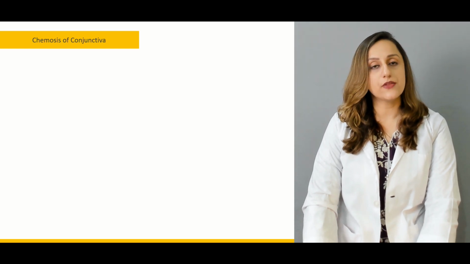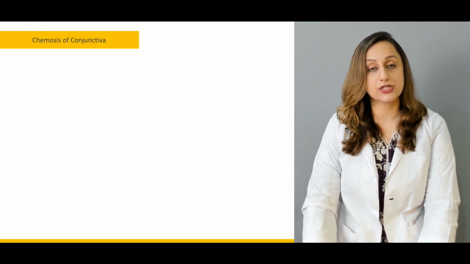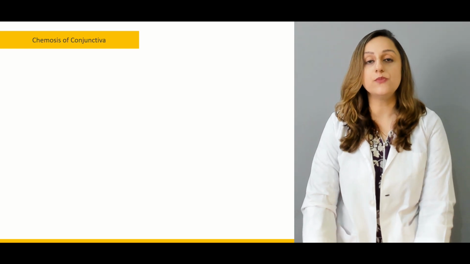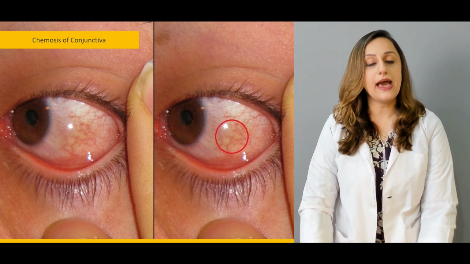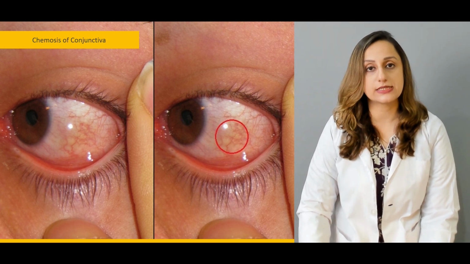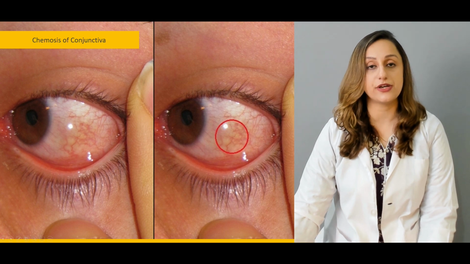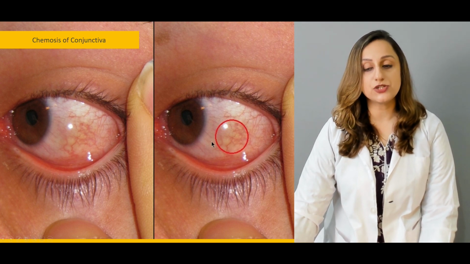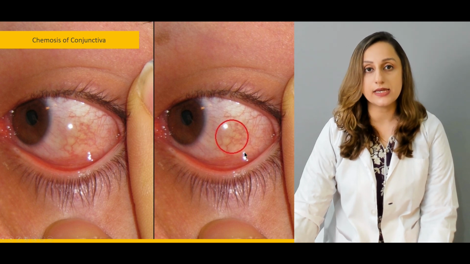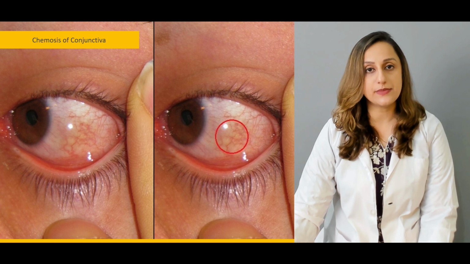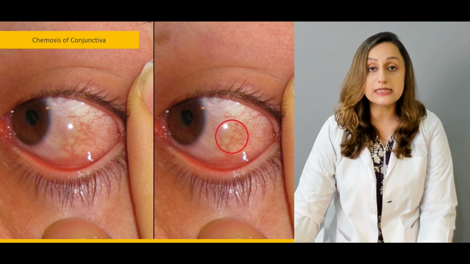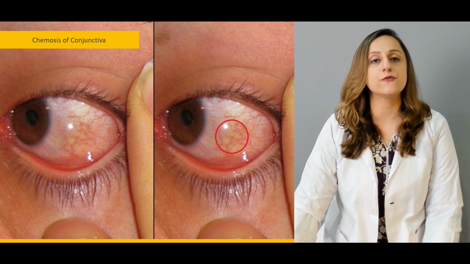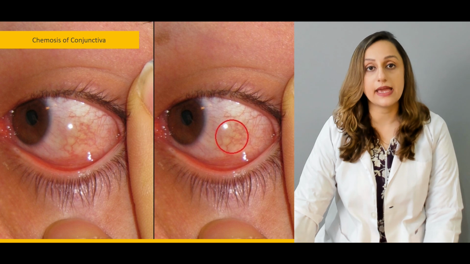Now, moving on to the other symptomatic factors of the conjunctiva, it includes the chemosis of conjunctiva. The word chemosis relates to the edematous condition of the conjunctiva, which is, as you can all see over here, an inflammatory condition of the conjunctiva, in which you can observe the swelling, the redness, the hyperemia coupled with the edematous condition of the conjunctiva. Now, this edema can be caused due to the infiltrates that are collecting at the site.